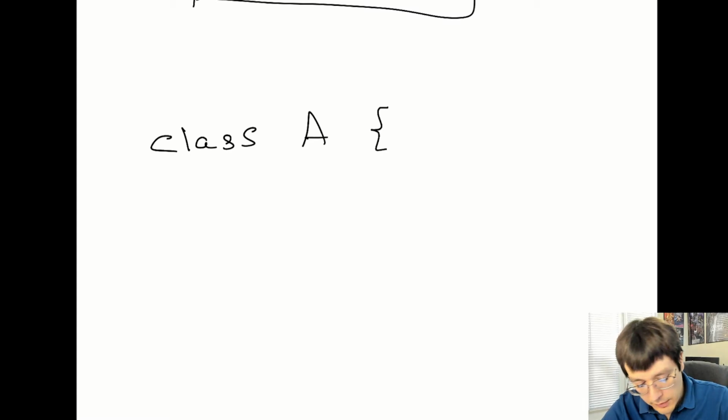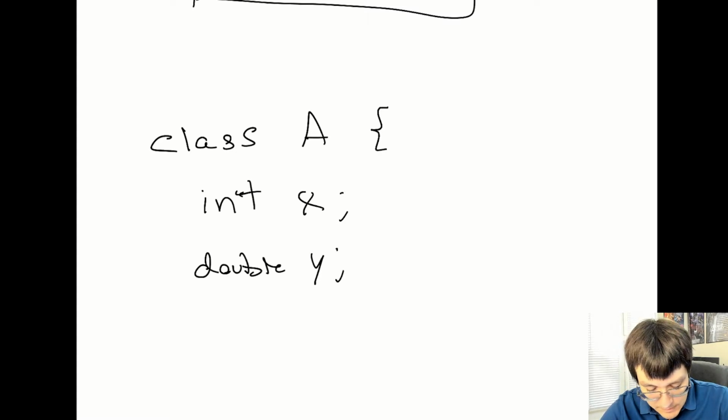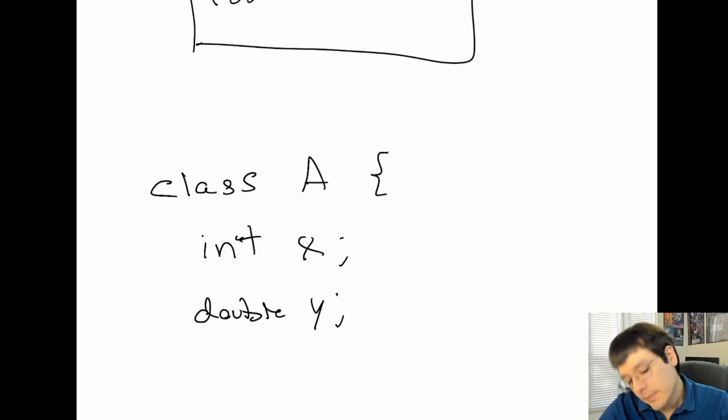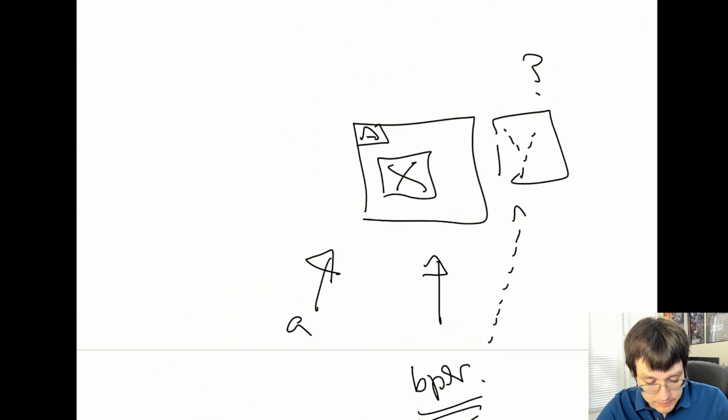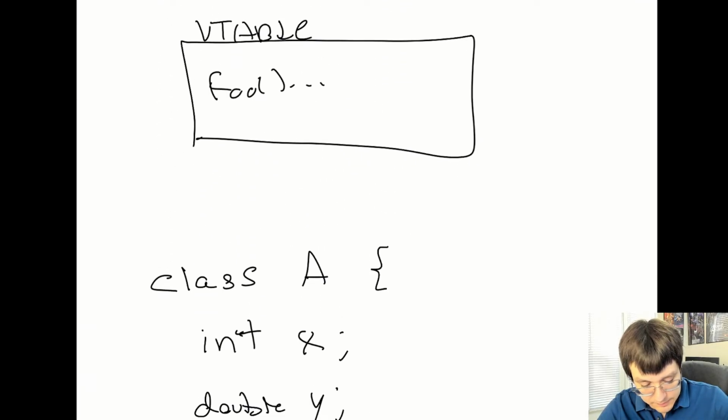So it's a brand new class A, and it's going to have an int x in there. It also is going to have maybe a double y, and then maybe an int z. Or actually, you know what? Let's throw something in there. Let's make it one more class then.